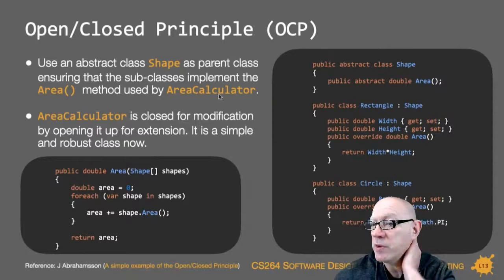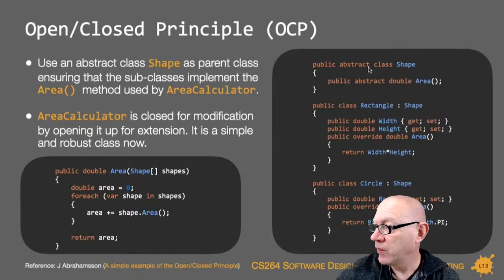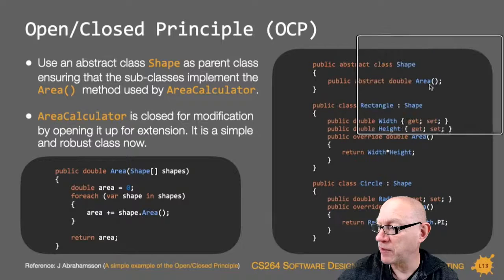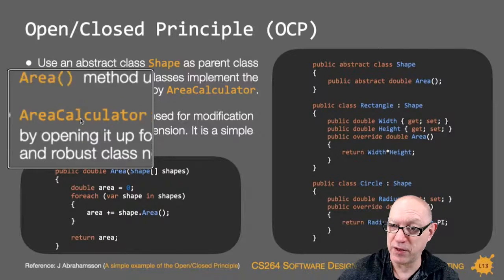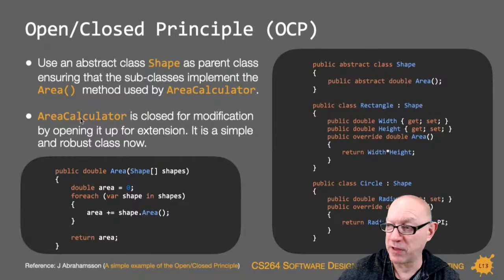So what we need to do is look at this class Shape, and we say that it needs to implement a method called area. Actually, I've said here area calculator is closed for modification, open for extension. That should be shape.